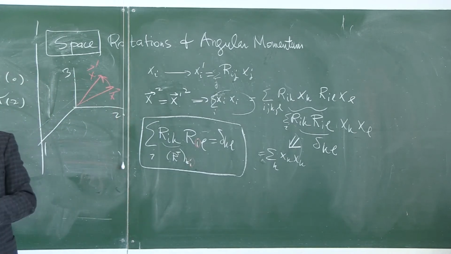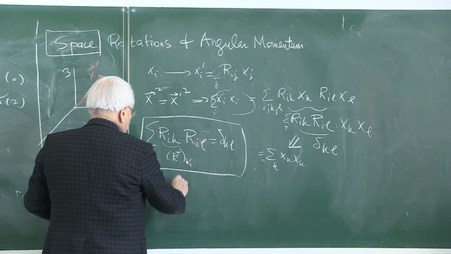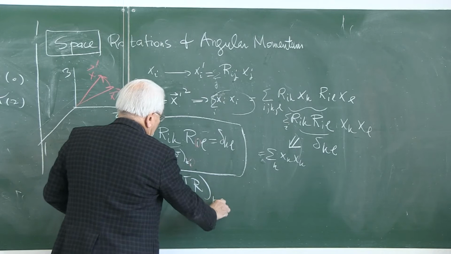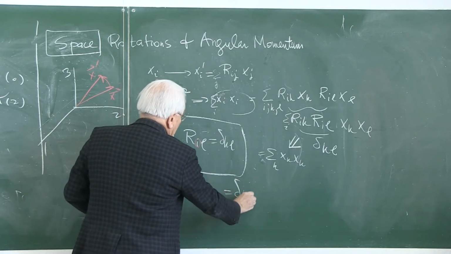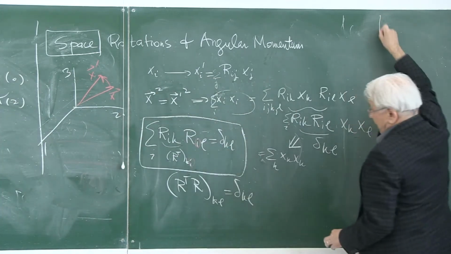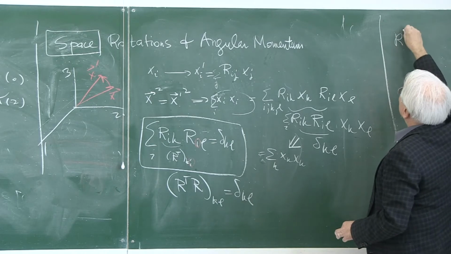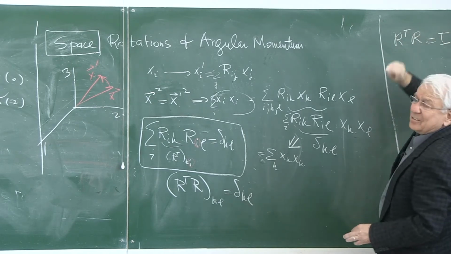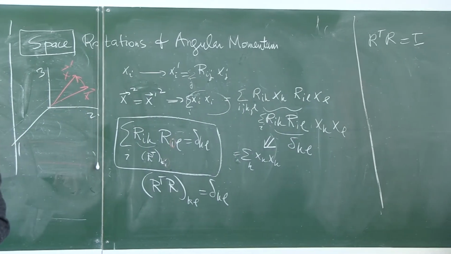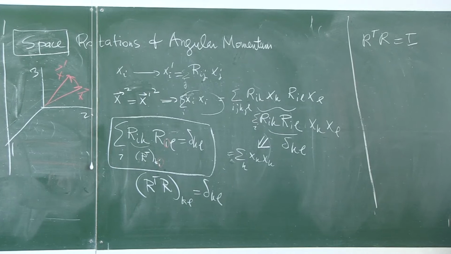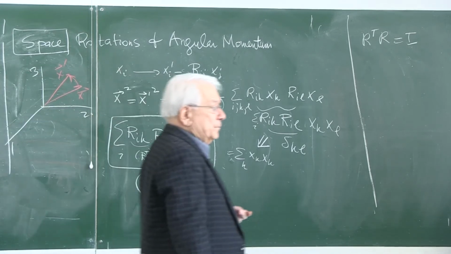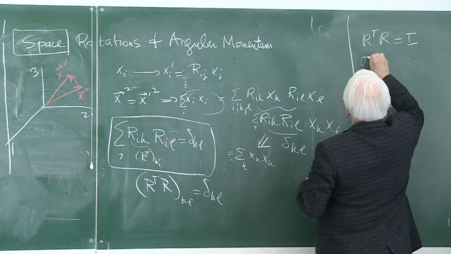That's the typical matrix summation rule. Then it becomes R^T R equals delta_kl, that is, R^T R is the identity. These rotation matrices in space are orthogonal matrices, because that means R inverse is the same as R transpose, in whichever direction you like. Orthogonal matrices.